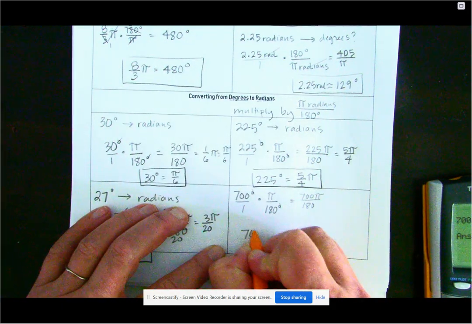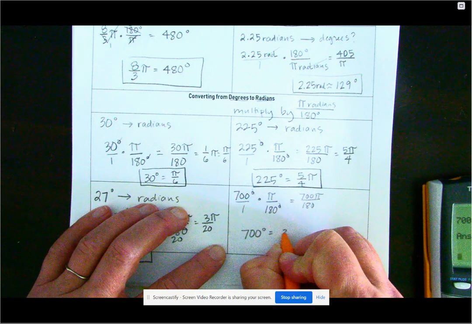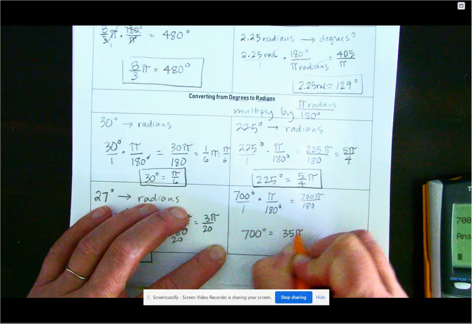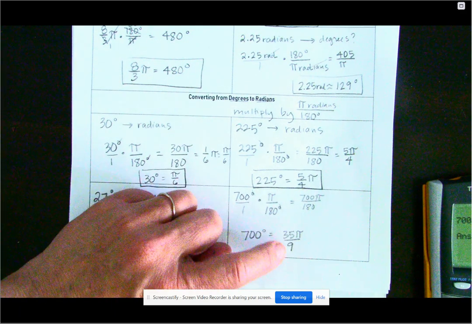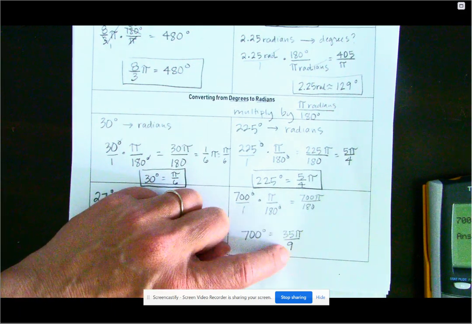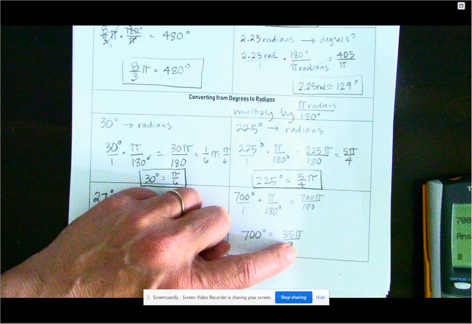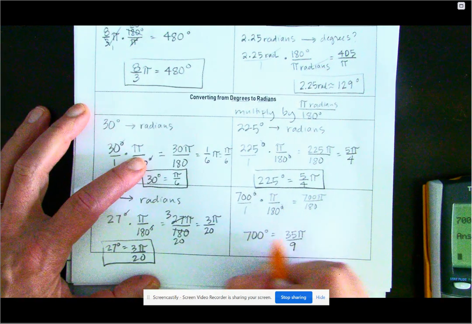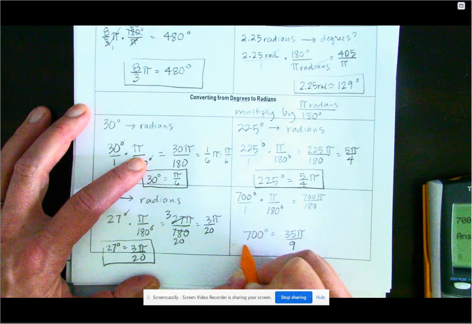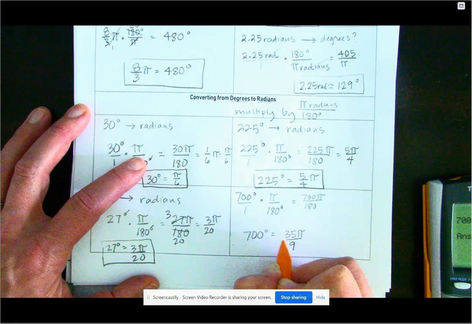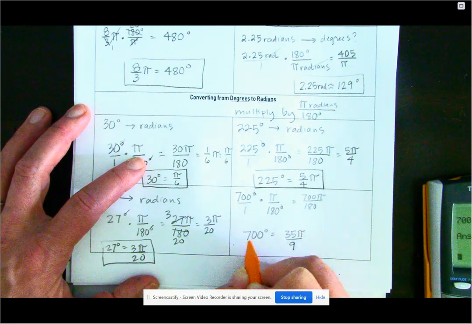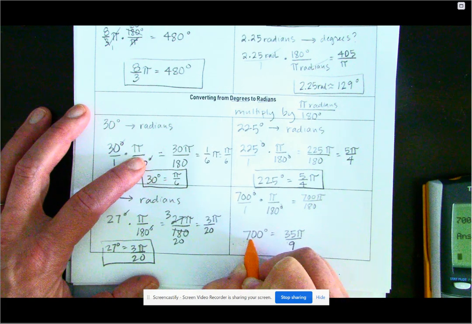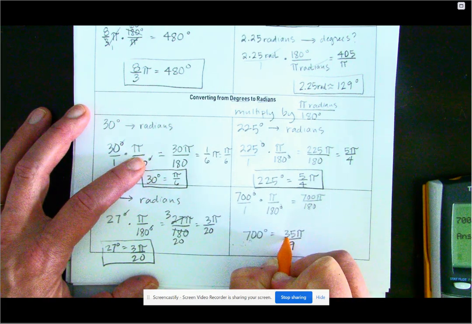So 700 degrees equals 35 pi over 9. If you think about it, 36/9 would be 4 pi, which would be 2 full rotations. So this is almost 2 full rotations. Remember, this is the same, just a different way of saying it. 720 degrees would be 2 full rotations, very close. 36 pi over 9 would be 2 full rotations, or 4 pi.